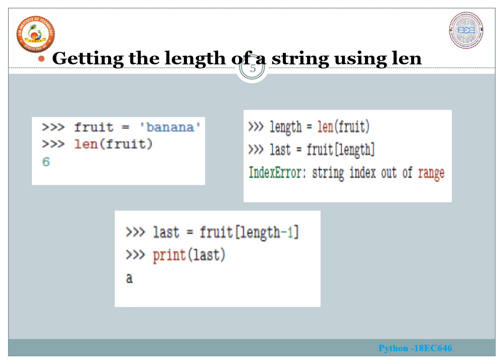When we are trying to find the length of a given string, in that situation we can make use of a function called len. Consider the same example, where I have a variable fruit assigned with the string value banana, and we want to get the length of the string.